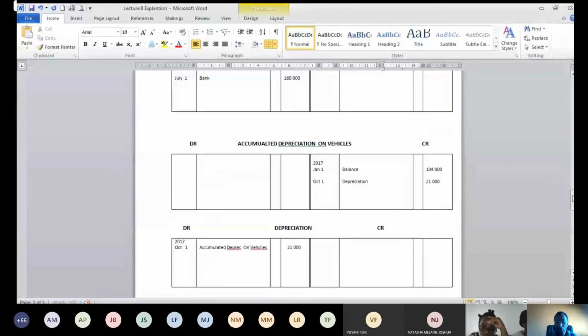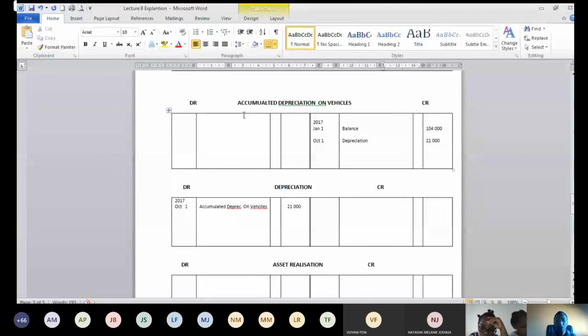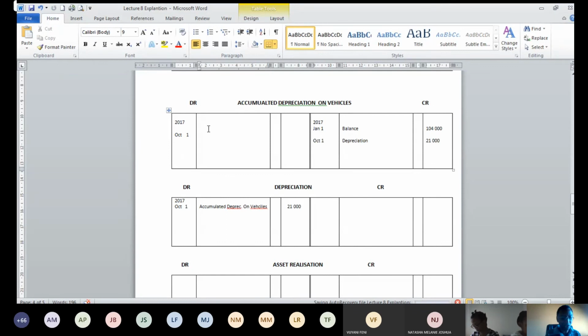We go back now to the actual ledger. Accumulated depreciation on vehicles will be debited. 2017. This all happens on the 1st of October. And we debit our accumulated depreciation account with asset realization.